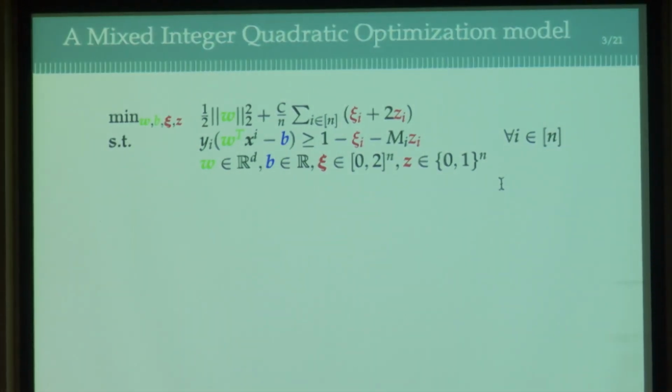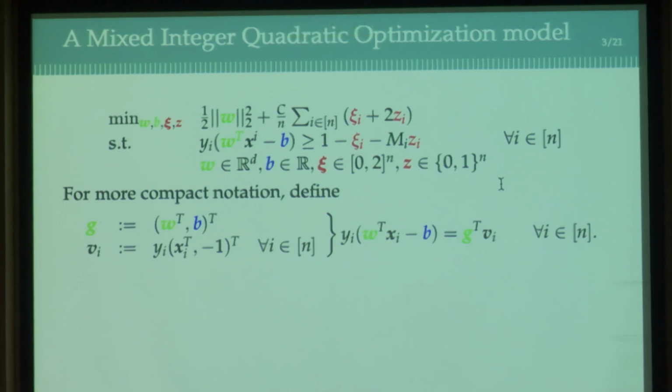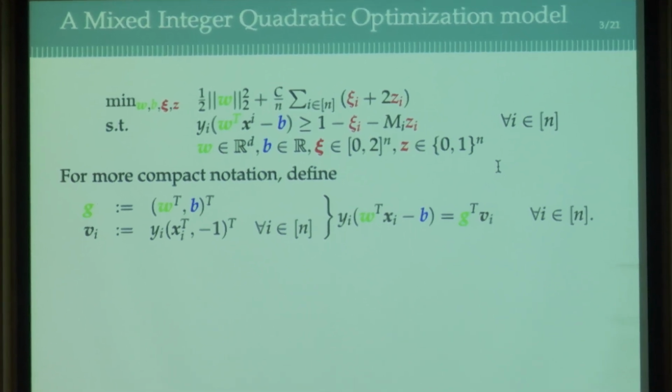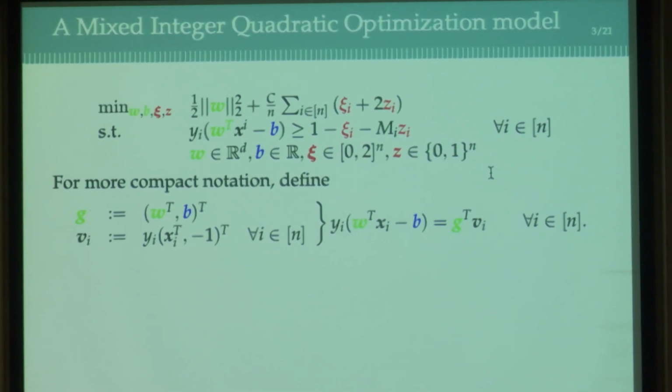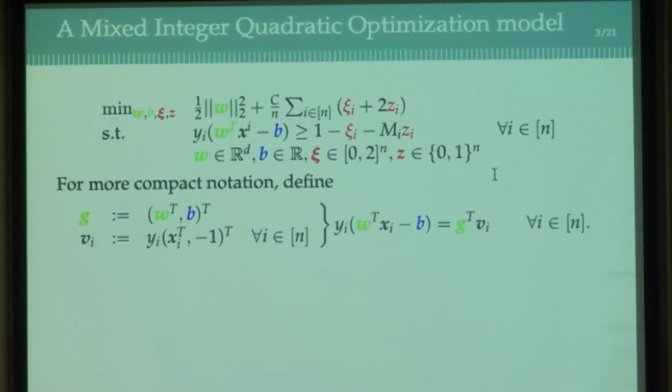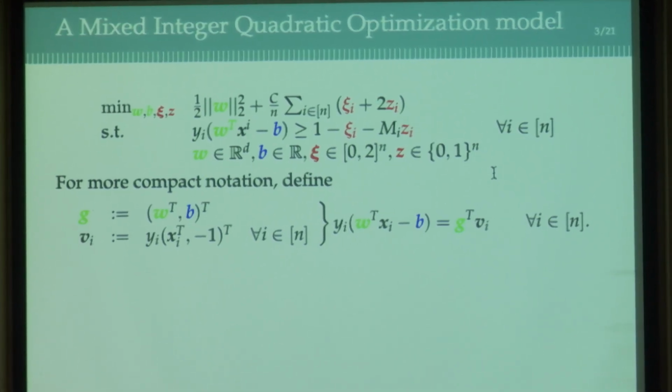I have to change the notation because that will make the following a bit more comprehensible. So instead of having a vector w and a scalar b separate, let me just condense all of it into a single vector g.